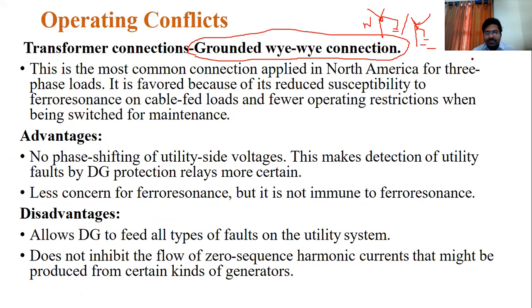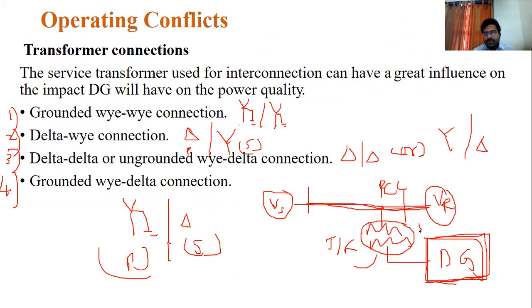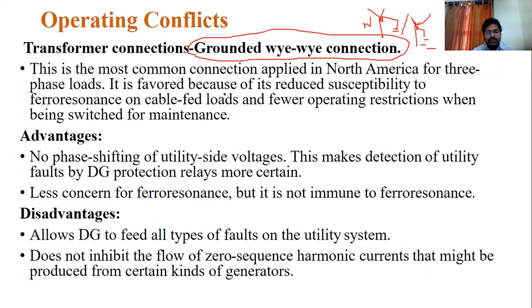This is the most common type of connection while we are installing this. So here they are connecting Y to star, Y to Y connection. It is the most favorable connection, most popular, because it reduces the susceptibility to ferroresonance on cable-like loads and leads to fewer operating restrictions when being switched for maintenance.